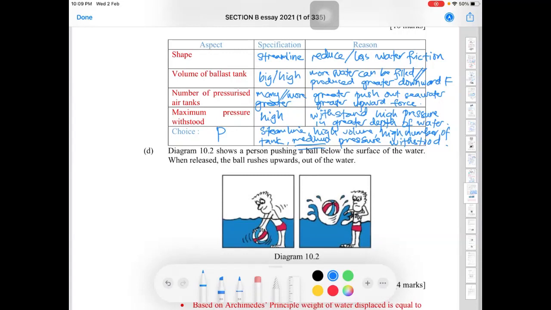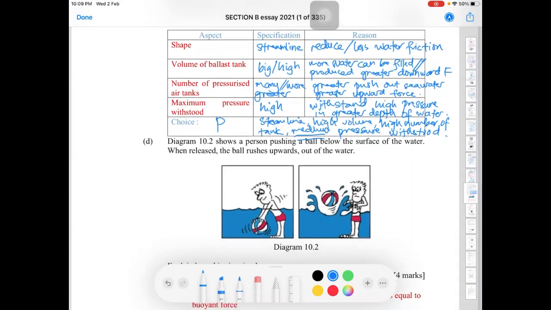The ball density is lower than the water. Tapi bila you tekan the ball, dia akan masuk ke bawah air because you push dia downward. Tapi bila you lepas, automatic the ball will move upwards again. Itu yang you kena ceritakan. Kenapa bila you tekan, dia akan turun bawah. Tapi bila you lepas, dia akan naik semula ke atas permukaan. The surface of the water.